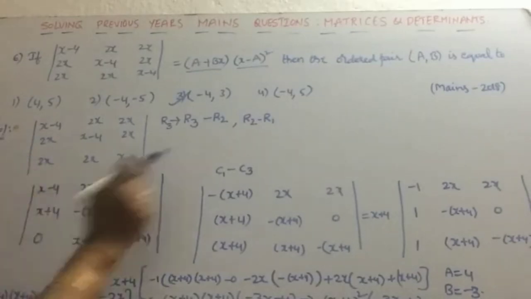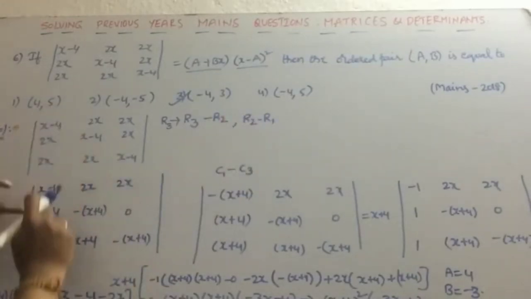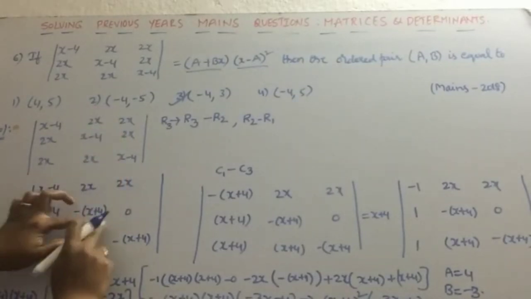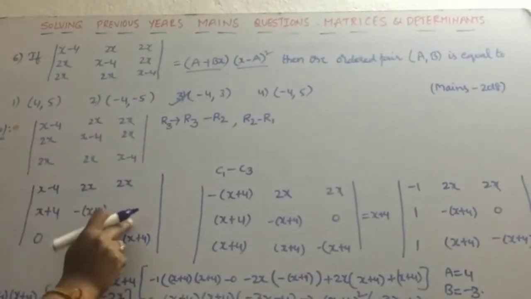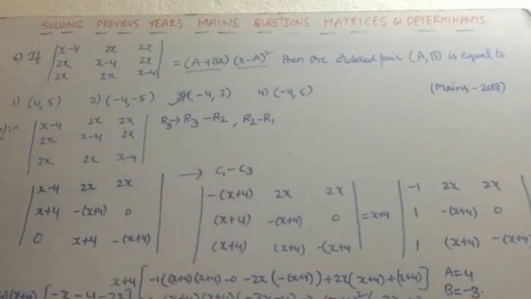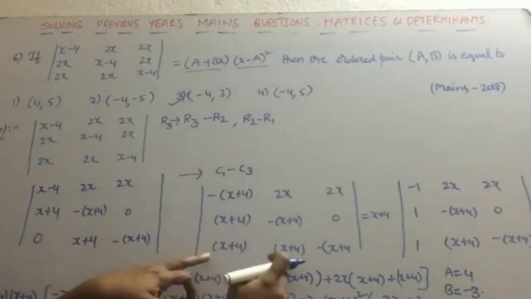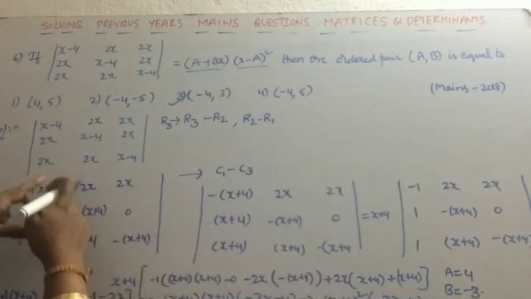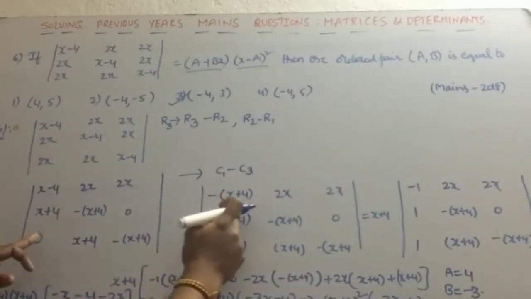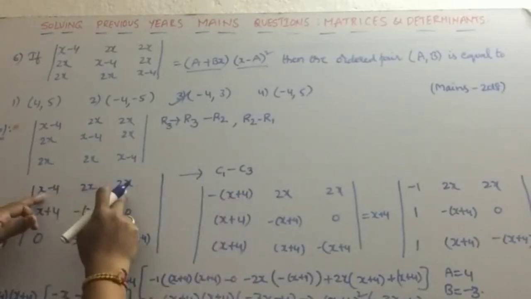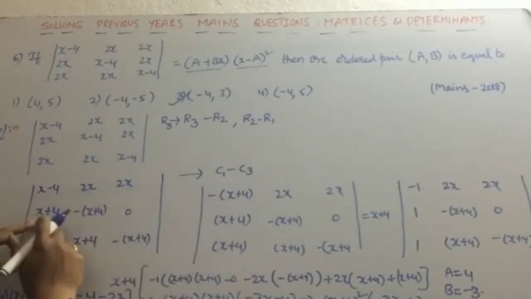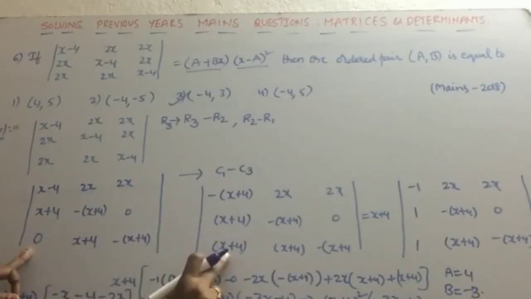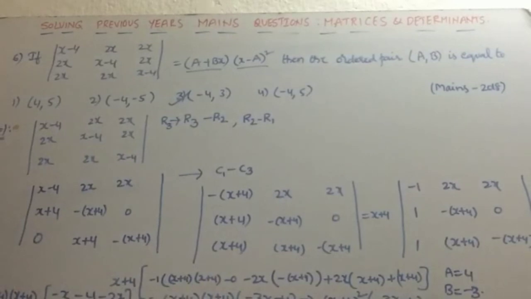R2 minus R1 means 2x minus x plus 4 is x plus 4, and x minus 4 minus 2x is minus of x plus 4, and 2x minus 2x is 0. Then applying C1 minus C3 on these two columns, that means minus x minus 4 minus 2x is minus of x plus 4, minus 0 is x plus 4, and 0 minus of x plus 4 means x plus x plus 4.